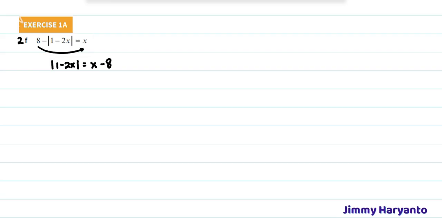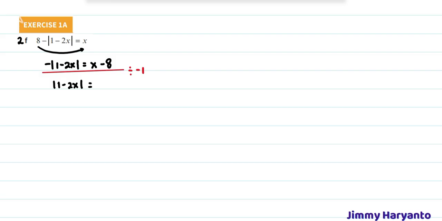That means we have to remove it also by dividing them all by negative 1. That means this one will be 1 minus 2x, still in absolute sign, and then this one divided by negative 1 will become negative x plus 8.